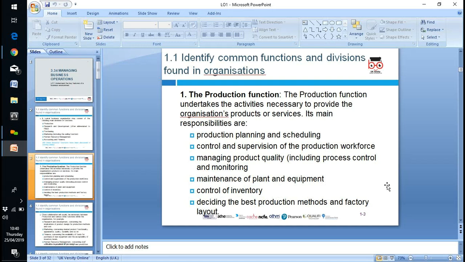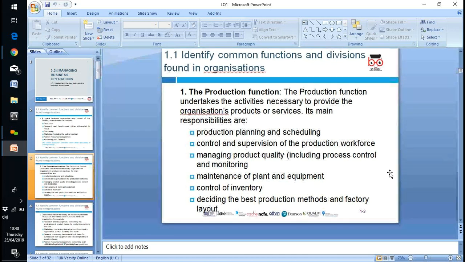How this is very important if you've got a product that is made in different parts, or something like the food industry where it goes through several processes before you end up with the final piece of whatever it is you're making. So there will be the best way to lay out the factory so that it goes through in a logical order and is not jumping backwards and forwards.